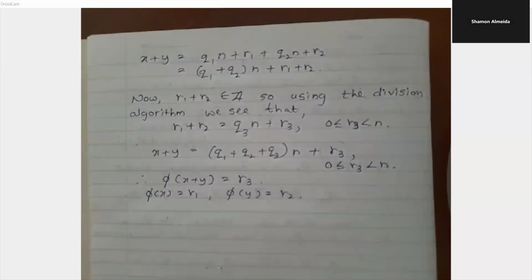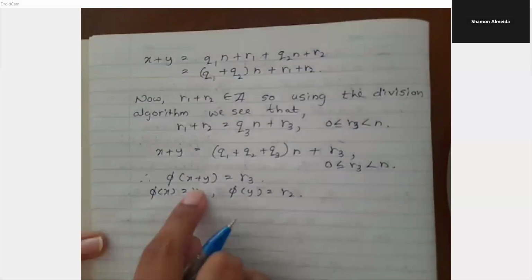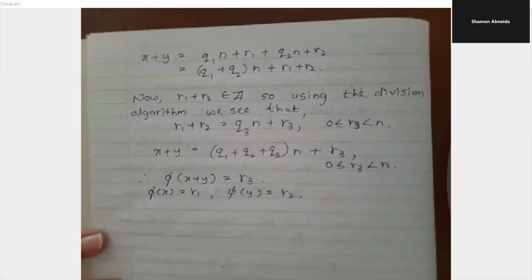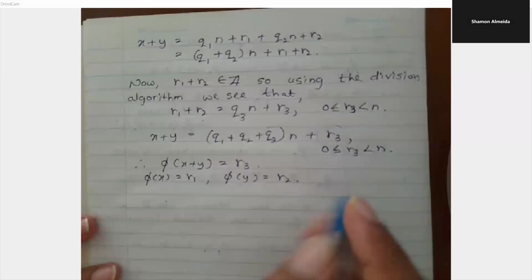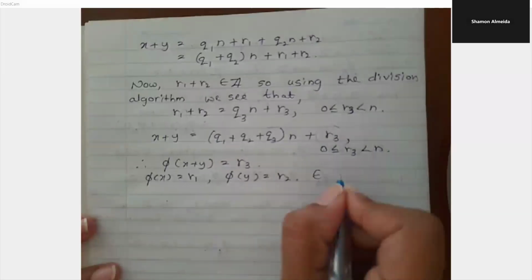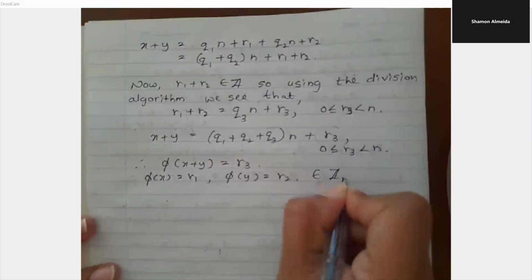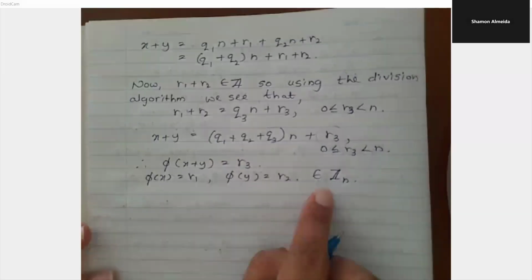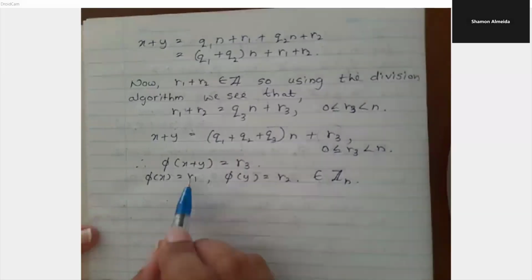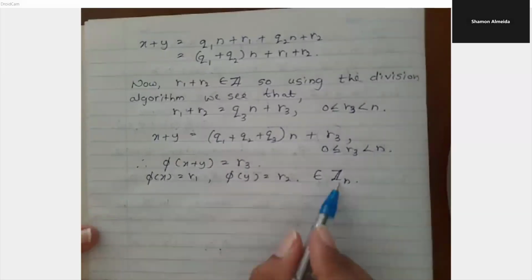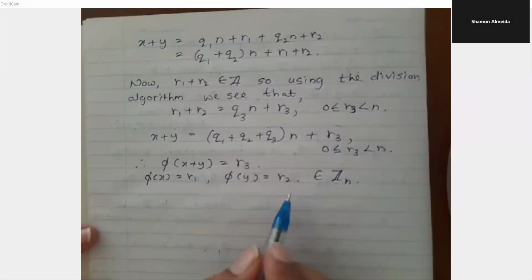Now we want to show that R1 and R2, observe, are elements in Zn. Why? Phi of x is equal to R1, phi of x is an element in Zn, and phi of y is an element in Zn.